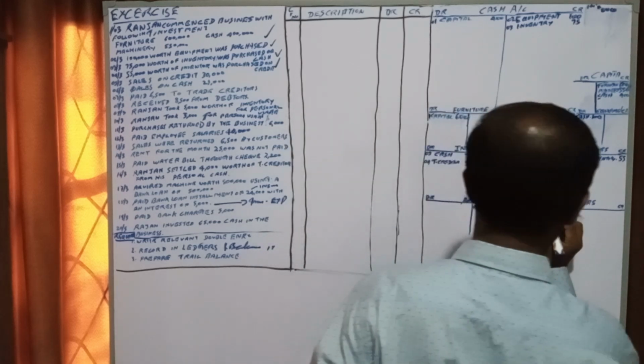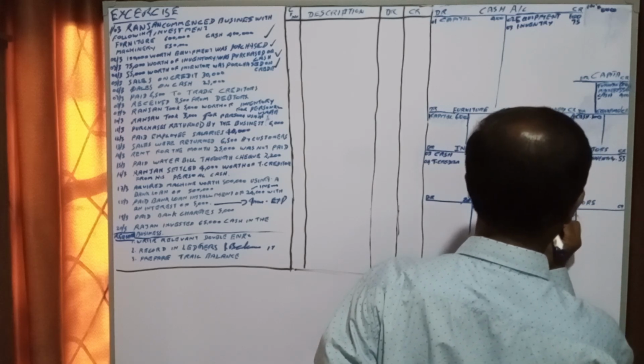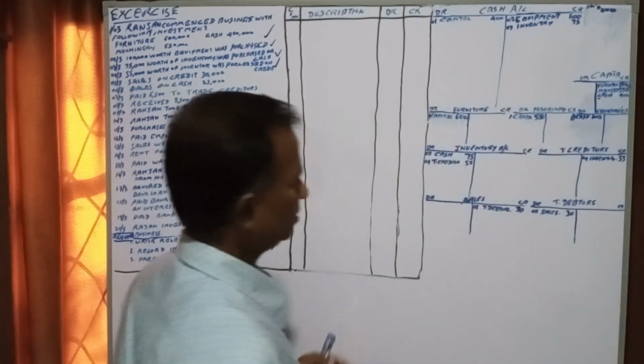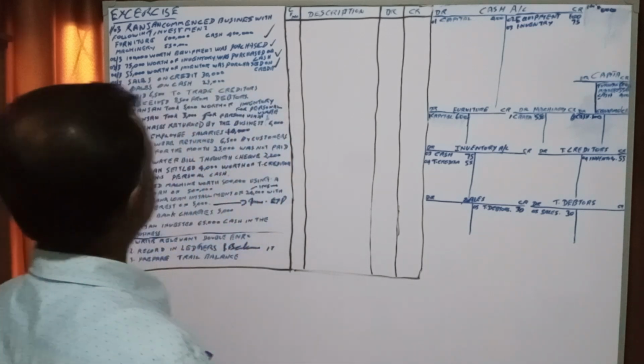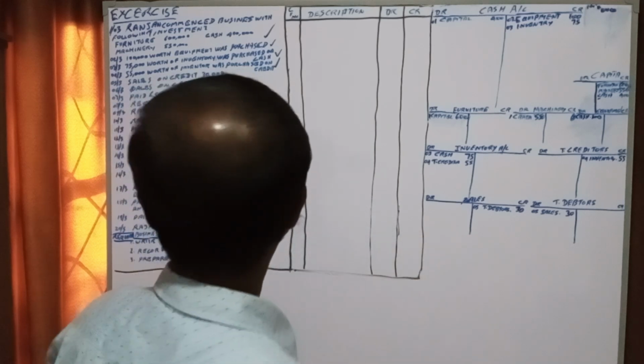Here you will say 5th of March, sales 30. Okay, and thereafter the fifth is completed.